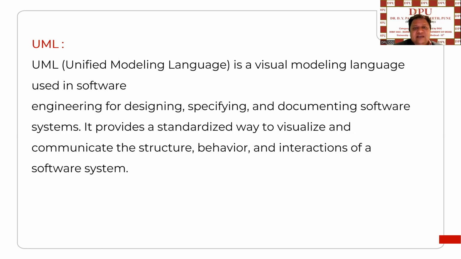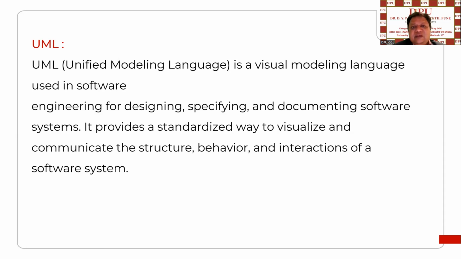So it is used for designing, specifying, and documenting the system, which provides a standard way to visualize and communicate the structure. It is used to communicate the structure to the stakeholders, isn't it? The designer or the experts have to give a presentation to the stakeholders on how the system is going to be built, how the components of the proposed software system are going to be designed and interact with each other, and what the components are.